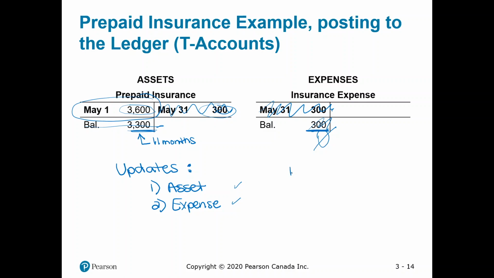So our assets, if the AJE, so that's adjusting journal entry, if it was missed, our assets would be too high. They would be overstated because we didn't get rid of that benefit, and our expenses would be understated.